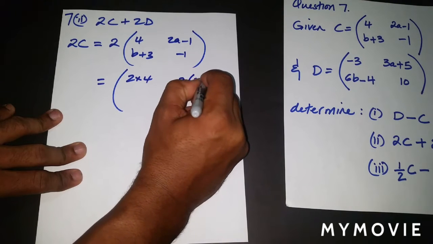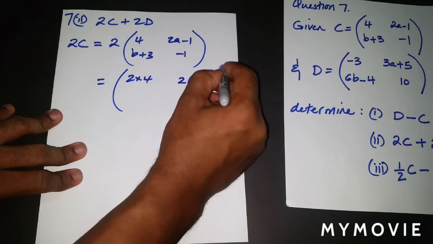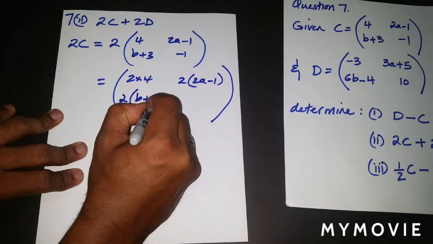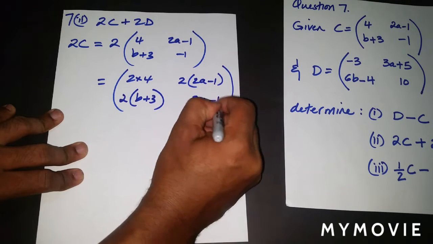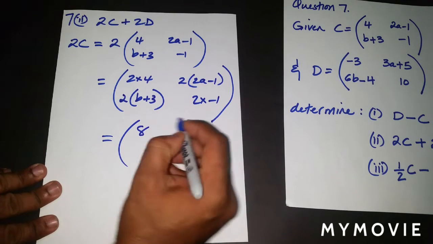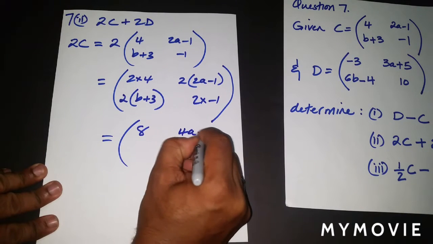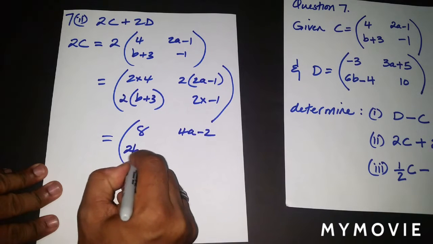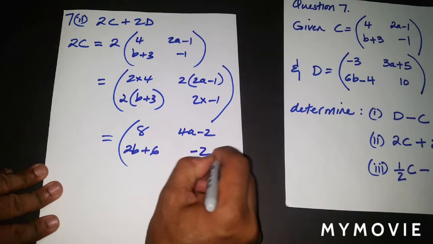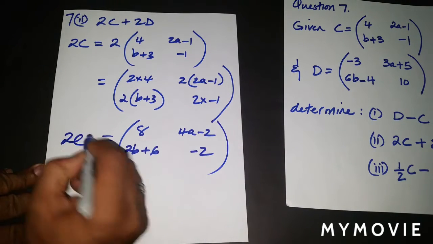So you have to have the bracket here to signify that you're about to do expansion. That is very important. 2 times b plus 3 in brackets, and 2 times minus 1. So you'd end up with 8, 4a minus 2, 2b plus 6, and 2 times minus 1 is negative 2. And that is what 2C is.